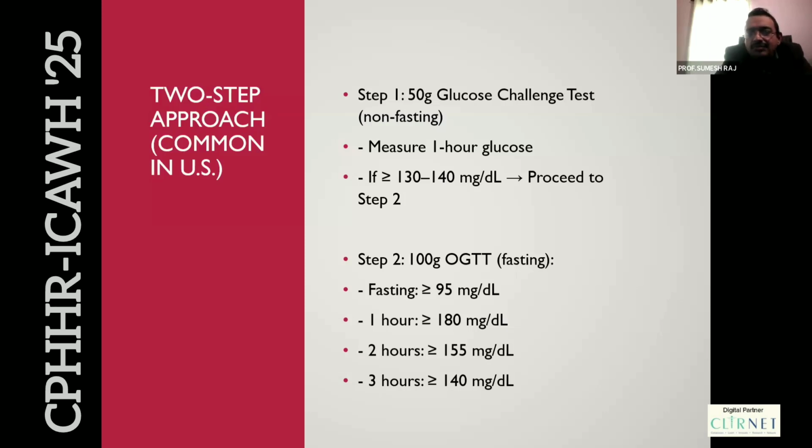And if the blood sugar value after 1 hour is 130 to 140 milligram percentage, then you proceed to do a 100 gram oral glucose tolerance test. You give a 100 gram oral glucose, the fasting should be more than 95. The 1 hour, 2 hour, and 3 hour values should be 180, 155, and 140 milligram percentage.